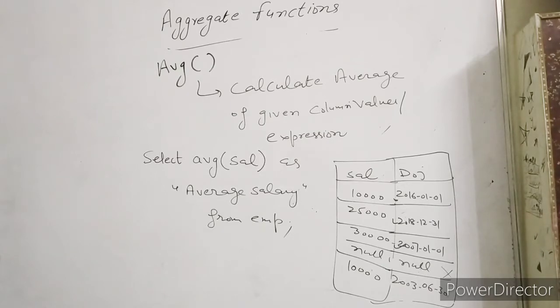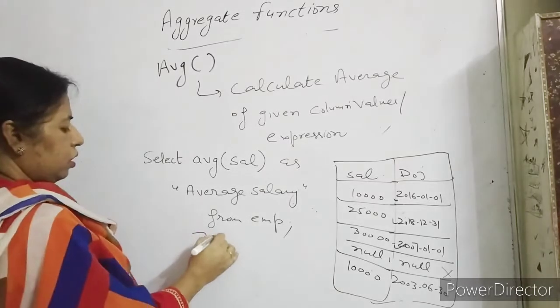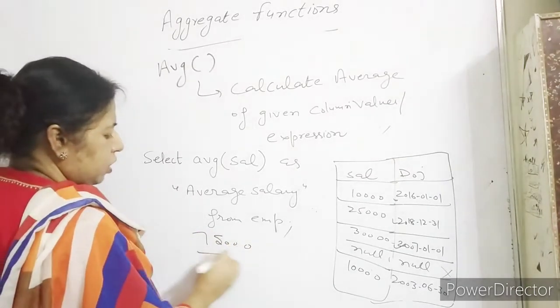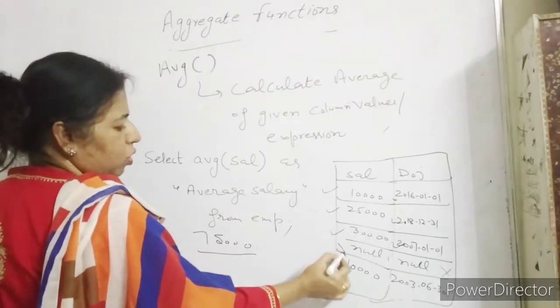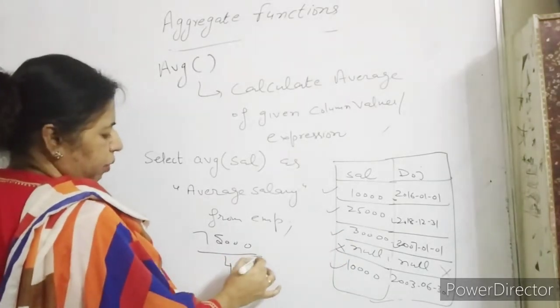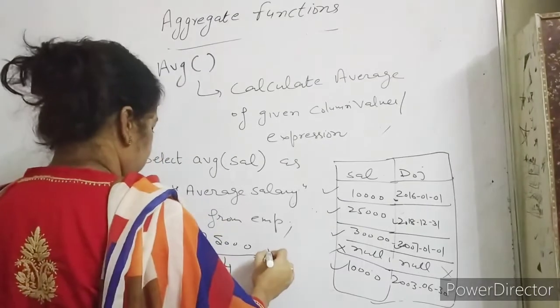How will you calculate the average? First calculate the sum. What is the sum? 10,000 plus 25,000 plus 30,000 plus 10,000, 75,000. 75,000 divided by how many values do we have? 4. Ignore the null again. Divided by 4. Now calculate it.